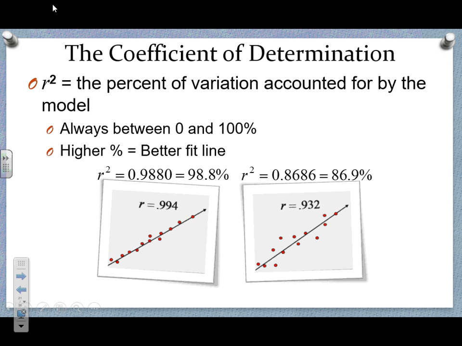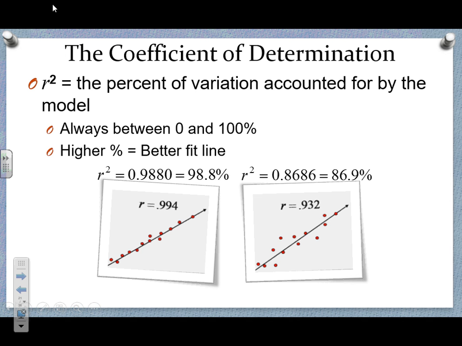So a couple examples here. Just a couple scatter plots with some regression lines through them. Correlation of 0.994 here. Correlation squared would be this 0.994 squared, which is 0.988, which is 98.8%. So 98% of the variation in our points is accounted for or picked up by the model.